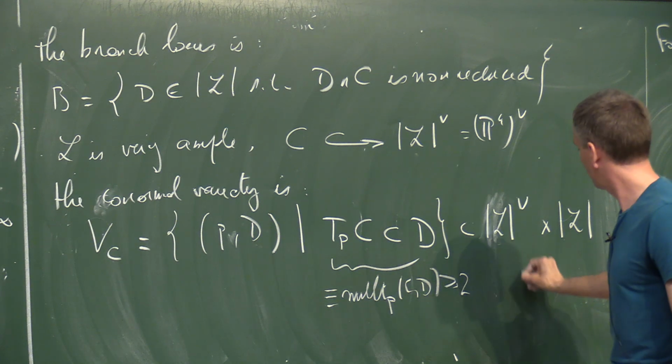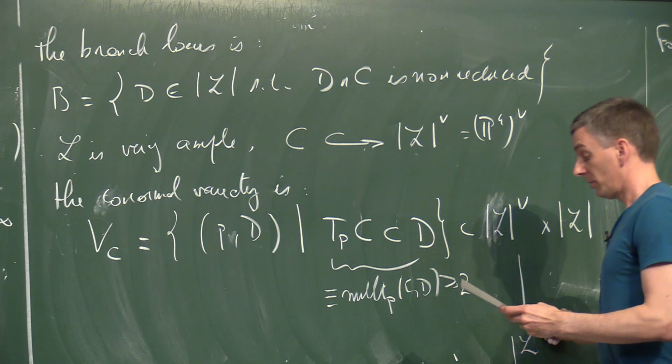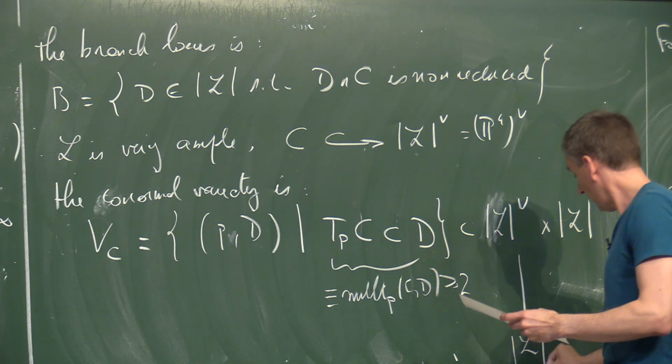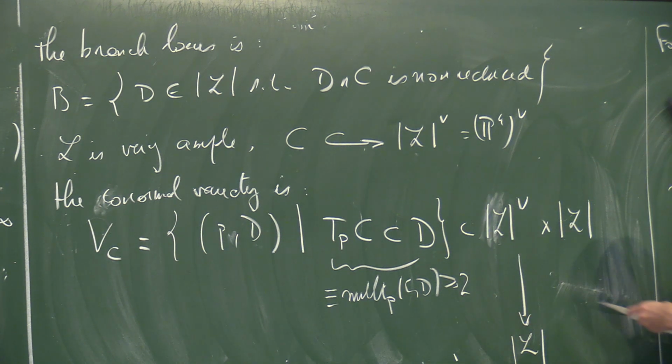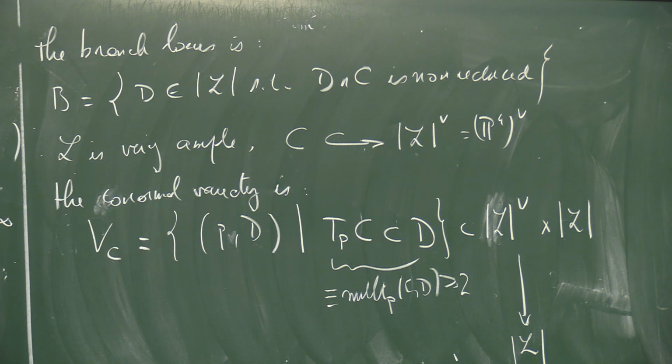So now I project to L, the second factor. So the image is a set of points of cubics such that the intersection is non-reduced.